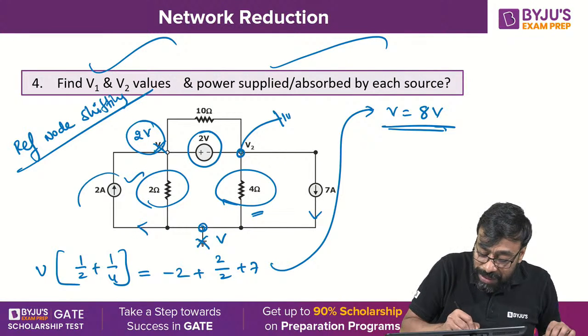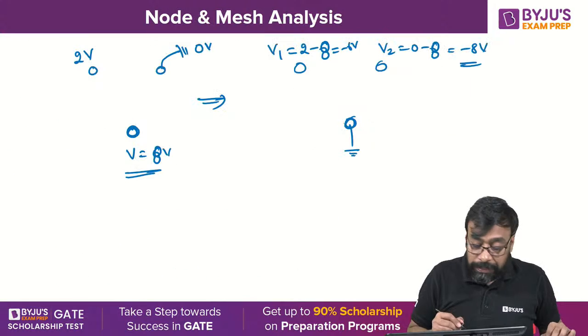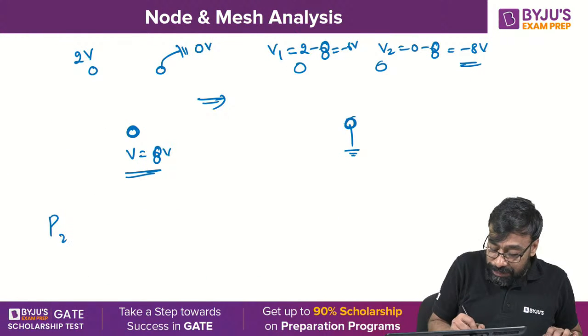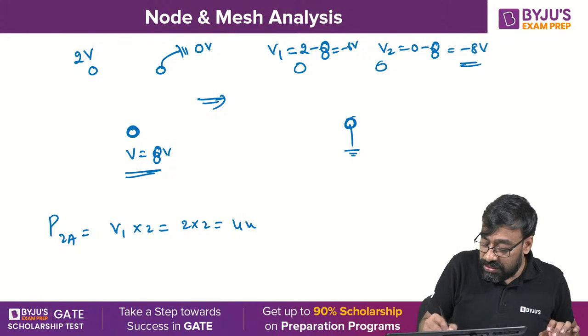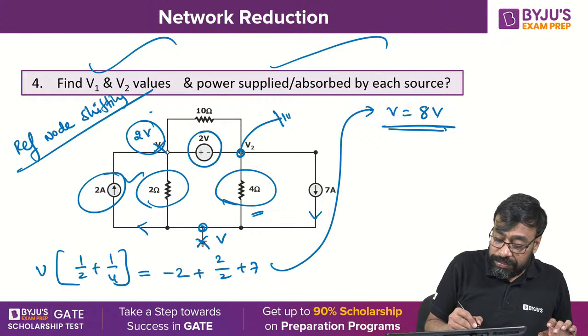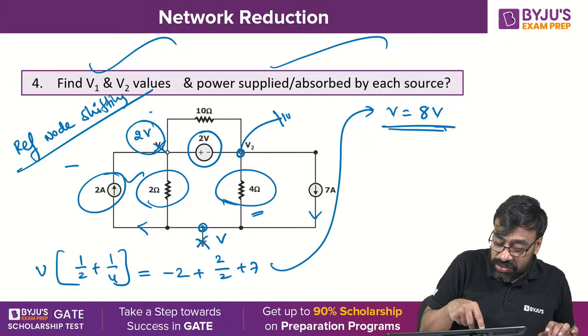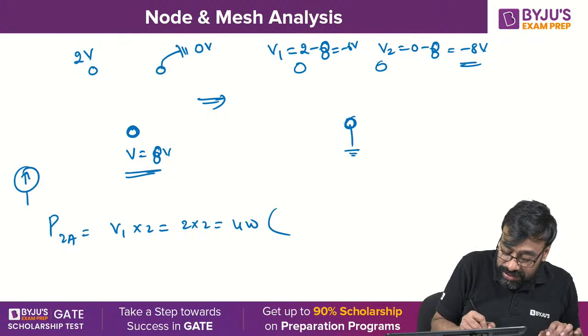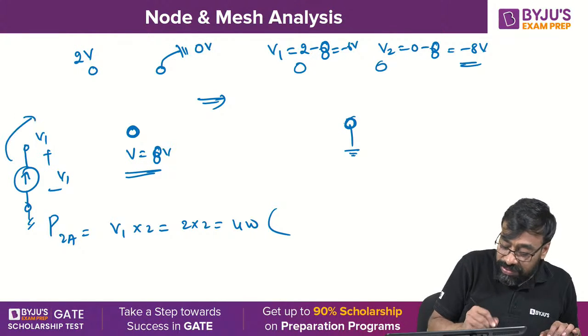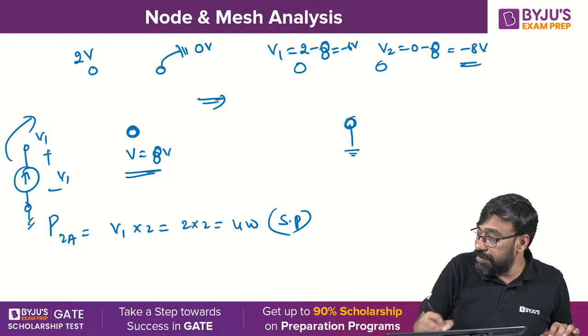What is the power of the 2 ampere source? You know very well. Power of 2 amperes, V1 into 2, means 2 into 2, 4 watts. Supplied or absorbed? Because this is plus, this is minus, right? Current source means you have a current source like this. This is V1, this is 0, plus minus V1. Current is leaving from positive, therefore it is supplied power.